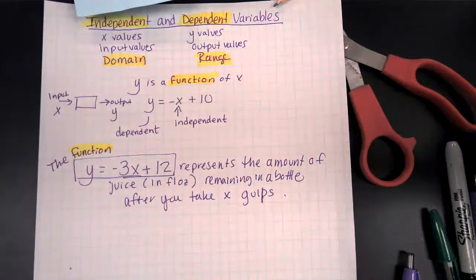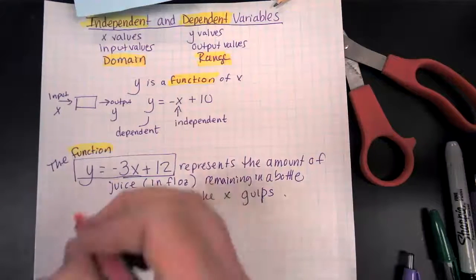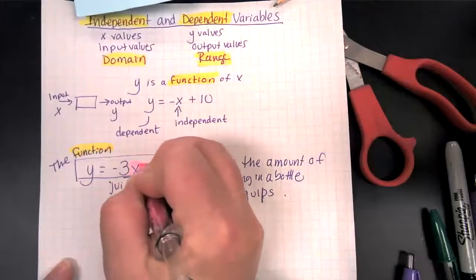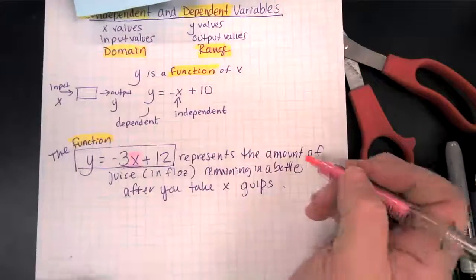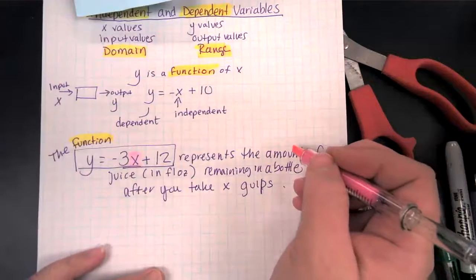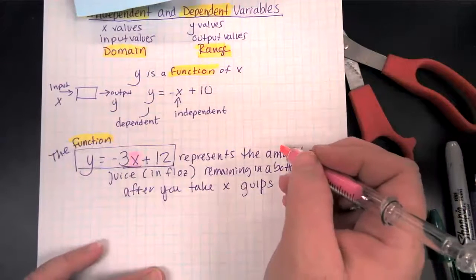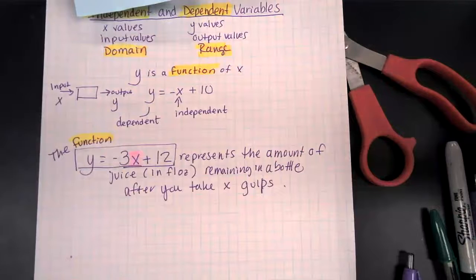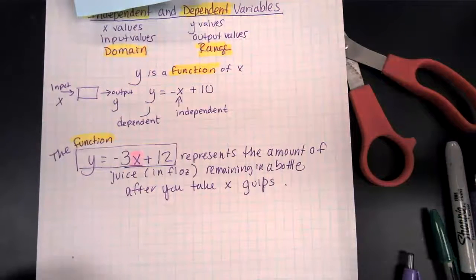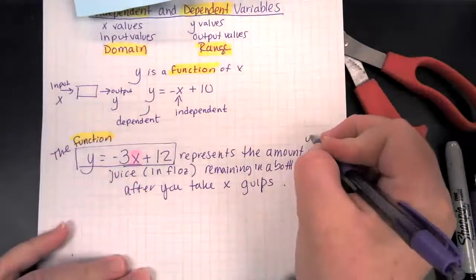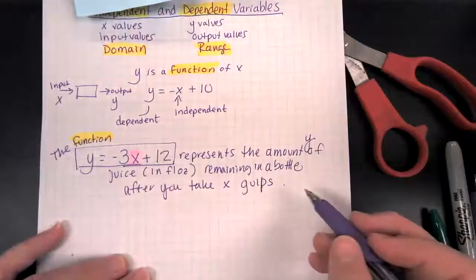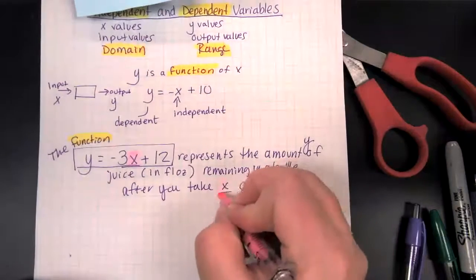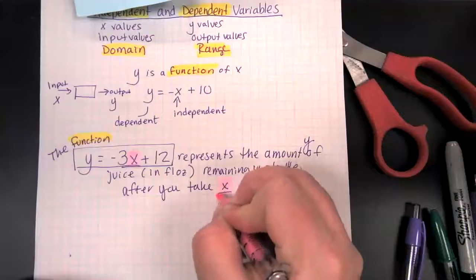Remember I used the color pink before for my X. Where x represents the amount of juice remaining in a bottle after you take x gulps. So I'm going to highlight my X here.